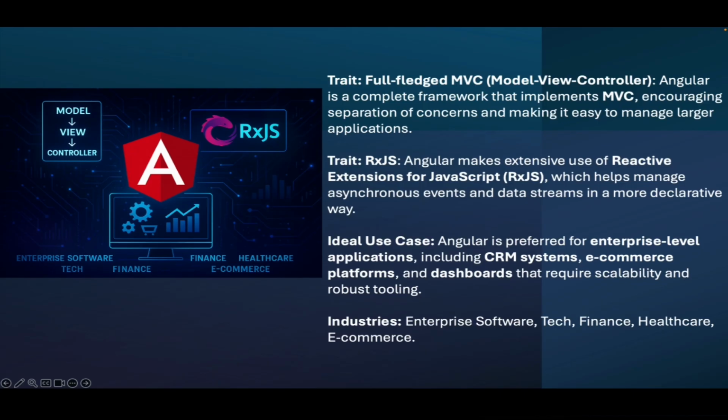This helps manage asynchronous events and data streams in a more declarative way. Angular is preferred for enterprise-level applications, such as customer relationship management systems, or CRM, e-commerce platforms, and dashboards that require scalability and robust tooling.